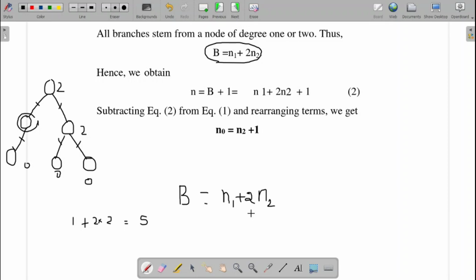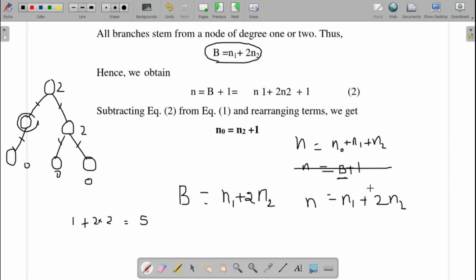If I substitute this, what is the earlier equation? n equal to n0 plus n1 plus n2. Then the next equation is n equal to b plus 1. If I substitute for this b, what I will get? n1 plus 2n2, plus 1. So this is your n.